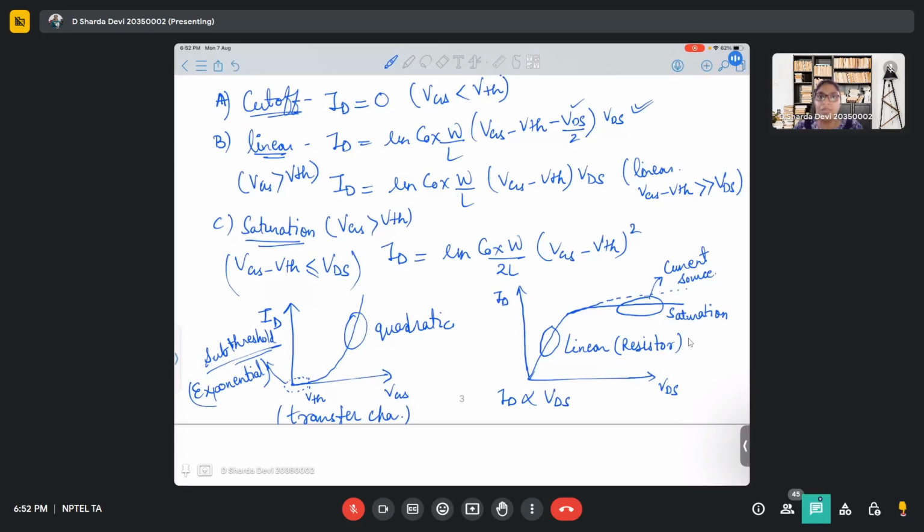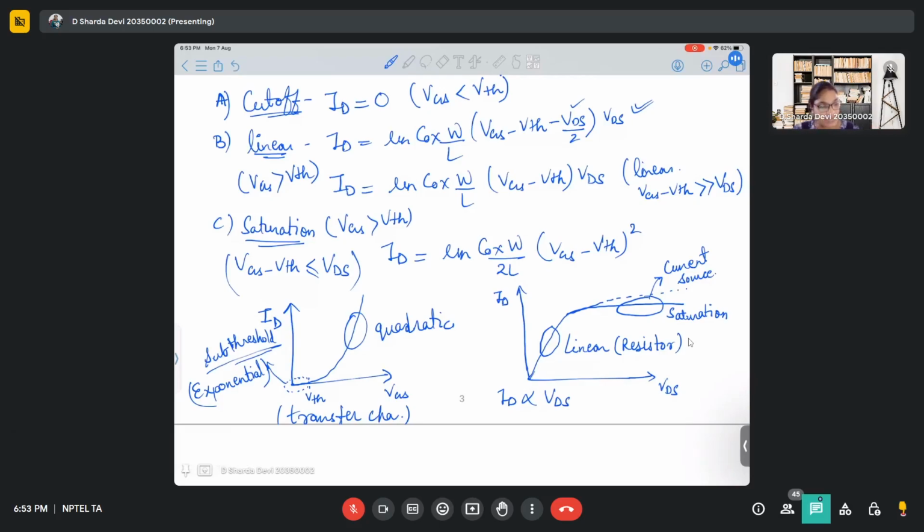Ideally, we want that current to be independent of VDS, and we can only get the dependence from VGS. We only want the output, which is current, because of the input voltage. We don't want any influence because of VDS.